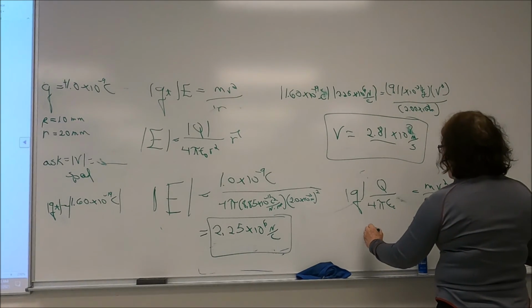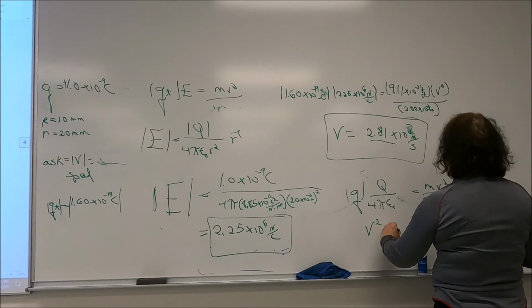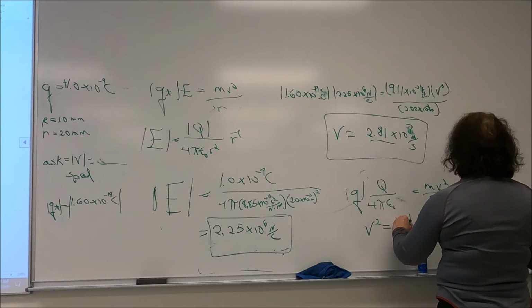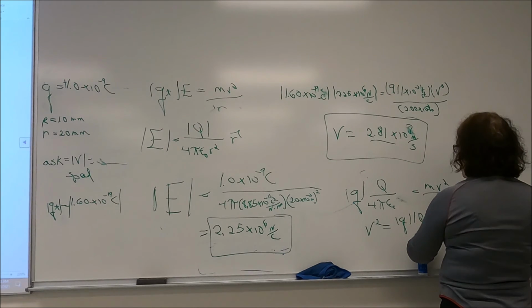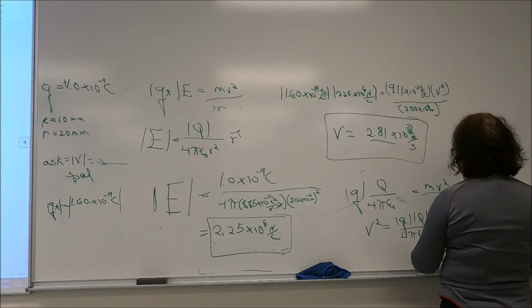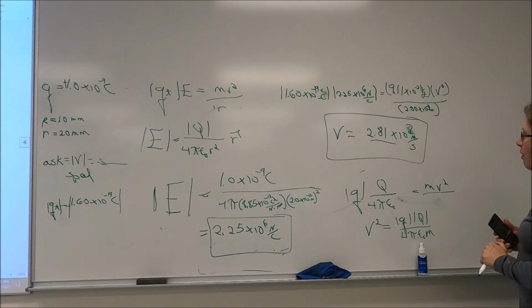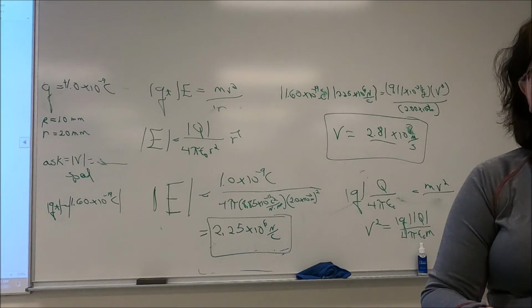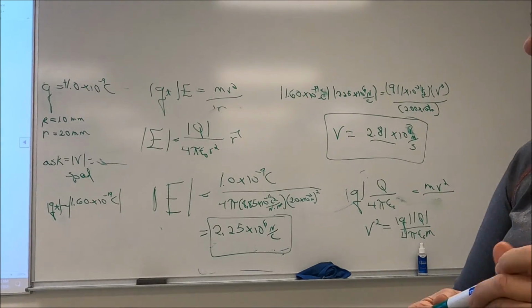You would have gotten v squared equals q times big Q over 4 pi epsilon 0 times m, and you could have solved it. Should come up with the same answer. Okay? All right.